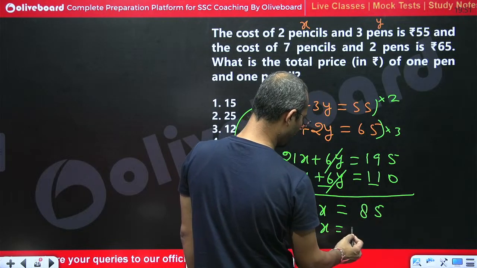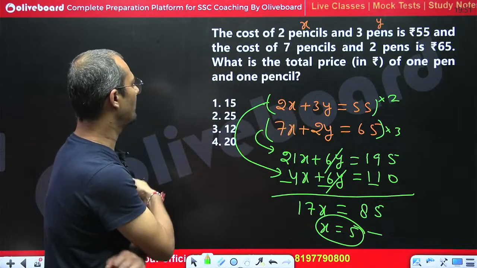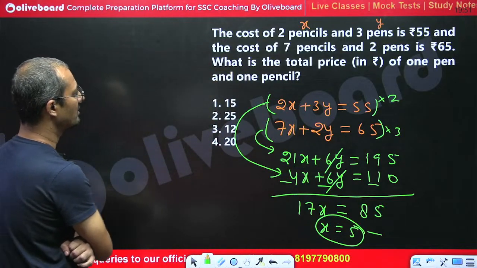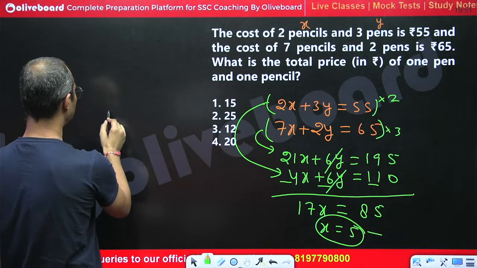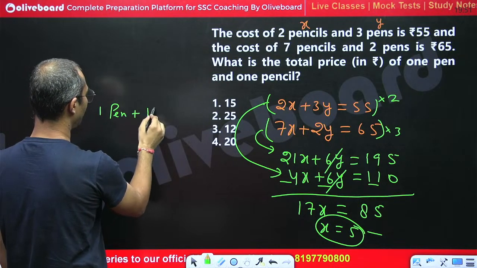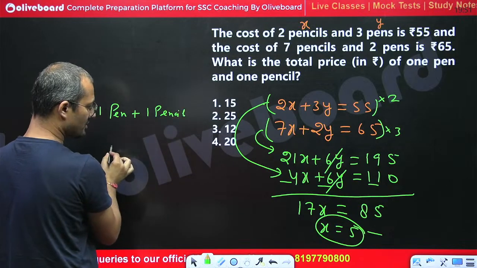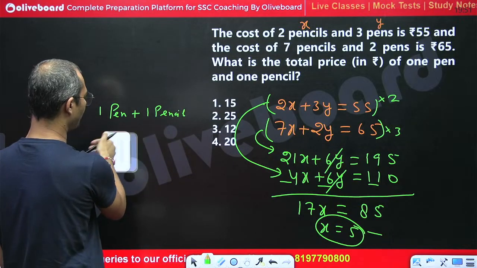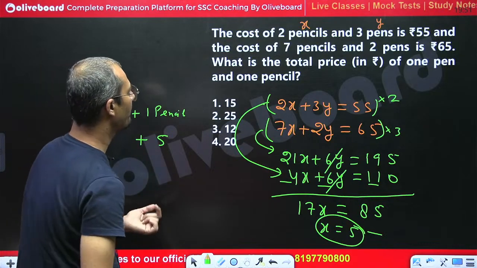So the value of x would be 5. So the cost of 1 pencil is 5, right? We have to calculate the cost of 1 pen and 1 pencil, right? Now we have to calculate the cost of pen.